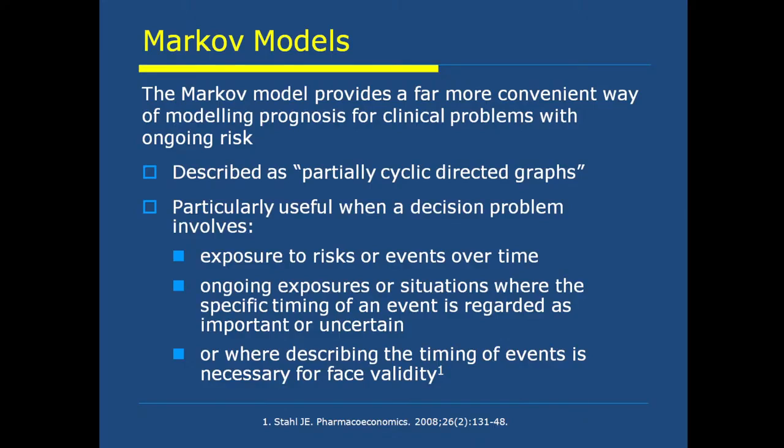They are described as partially cyclic directed graphs, particularly useful when the decision problem involves exposure to risk or events over time, ongoing exposures, or situations where the specific timing of an event is regarded as important or uncertain, or where describing the timing of events is necessary for validity.